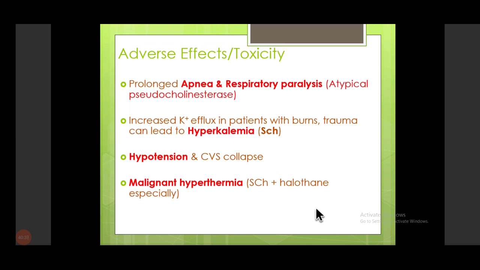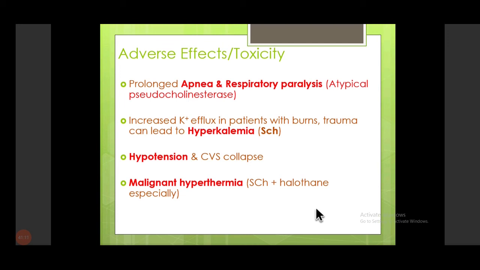Okay? So why do apnea and respiratory paralysis occur? Because we know that apnea occurs in cases of atypical pseudocholinesterases. In such cases, the duration of action of succinylcholine, which was supposedly about 2 to 5 minutes, is now extended to up to 1 hour. Why?